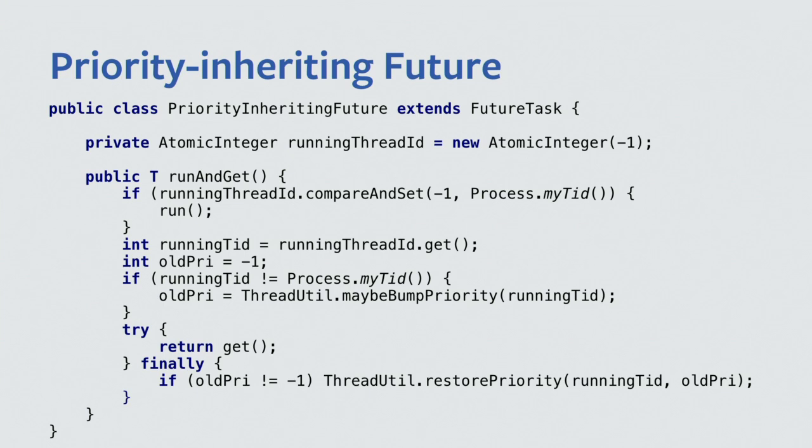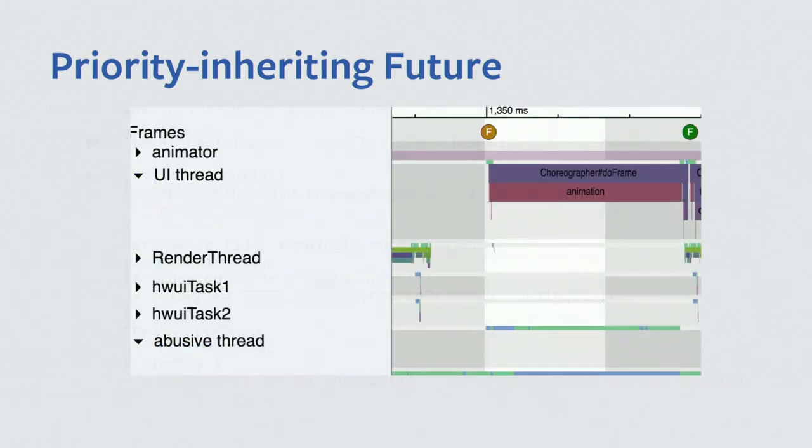And whenever the thread has finished doing its work, we can lower its priority again to what it was before. Once we implemented this new priority inheritance feature, we see that now our background thread gets to run pretty much all of the time, which is what we wanted in the first place.